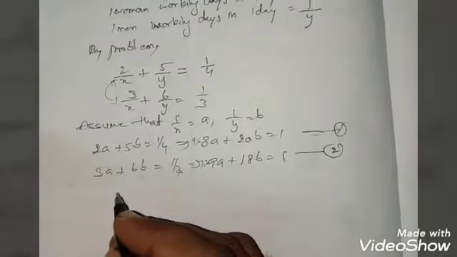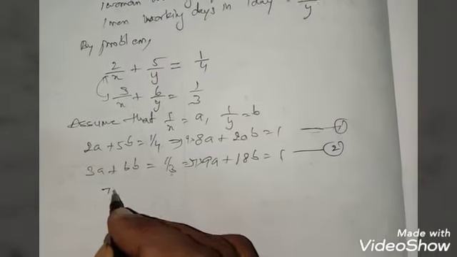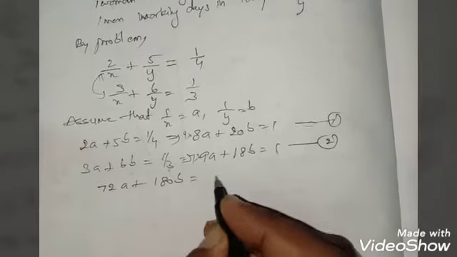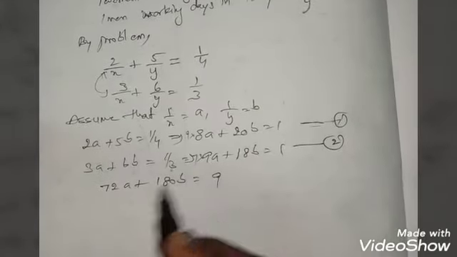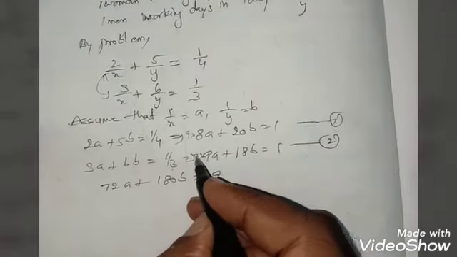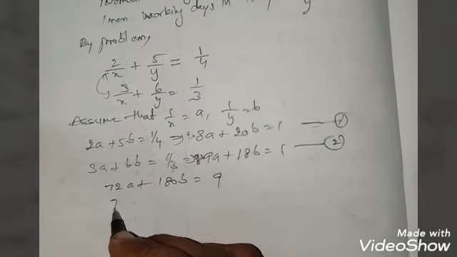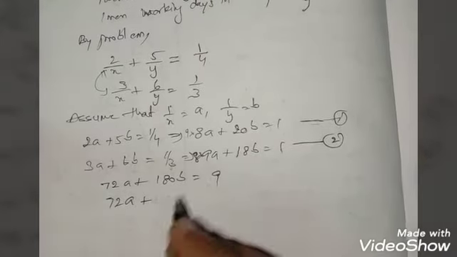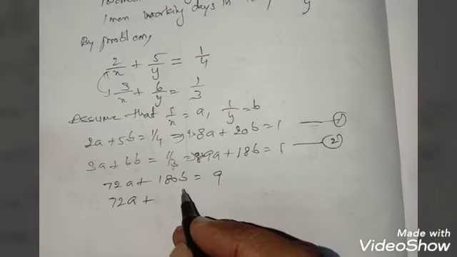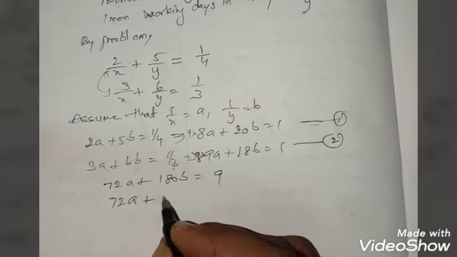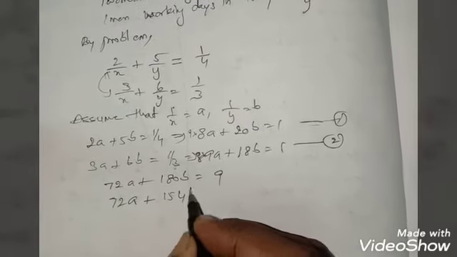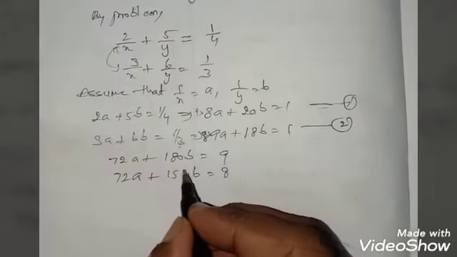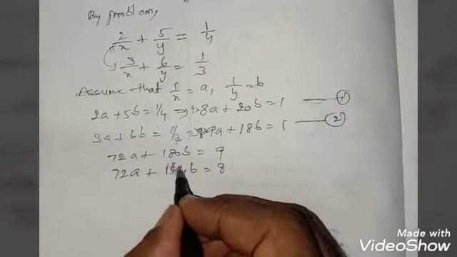If I multiply by 9, you will get 72a plus 180b is equal to 9. And if I multiply by 8, sorry, 8 9s are 72a plus 18 8s are 144b is equal to 8.